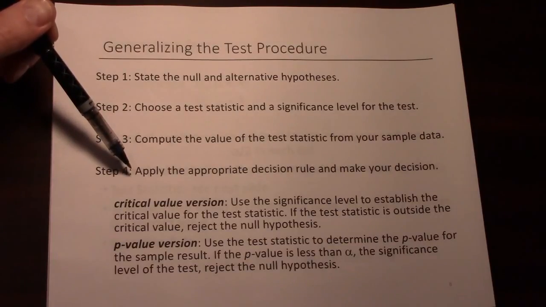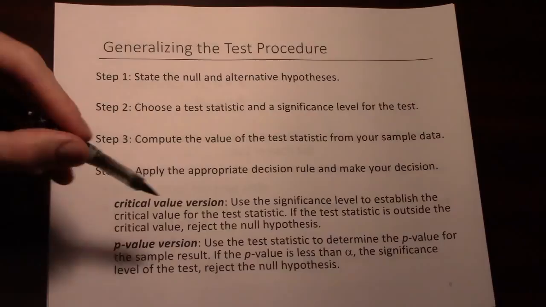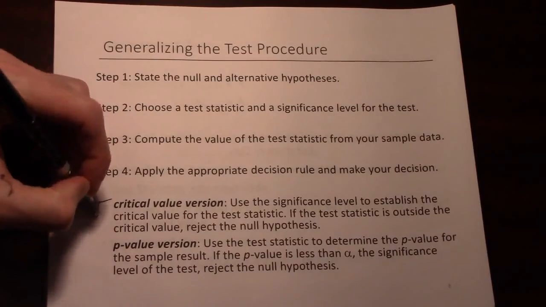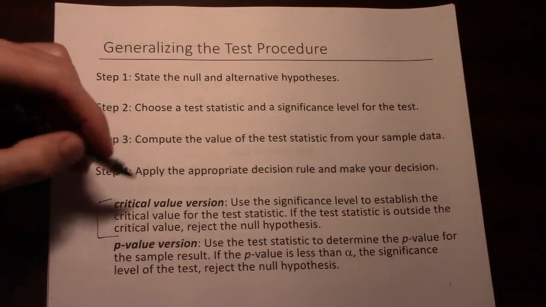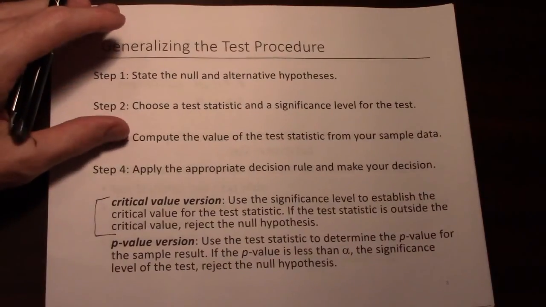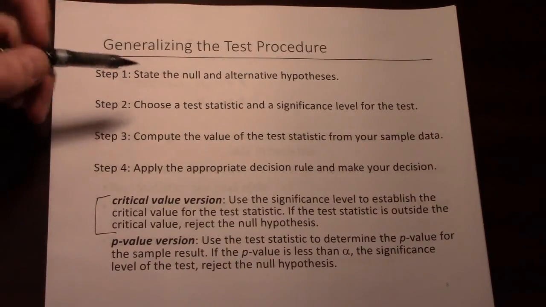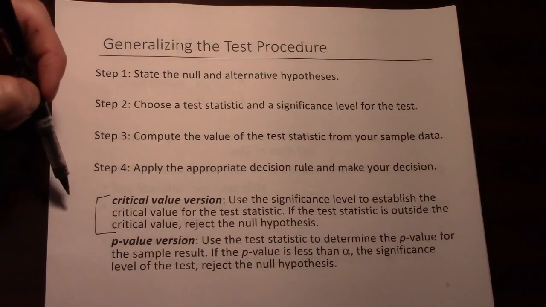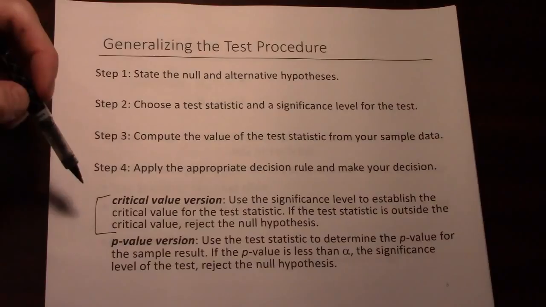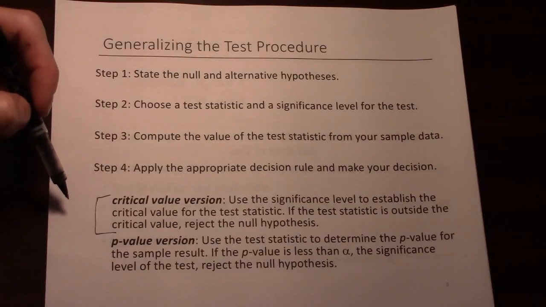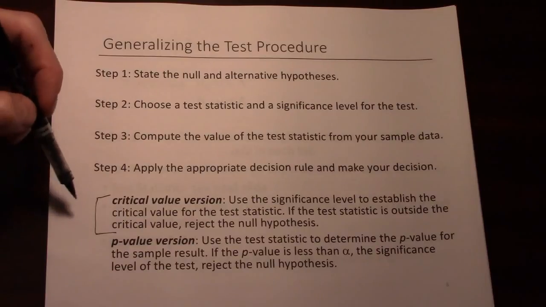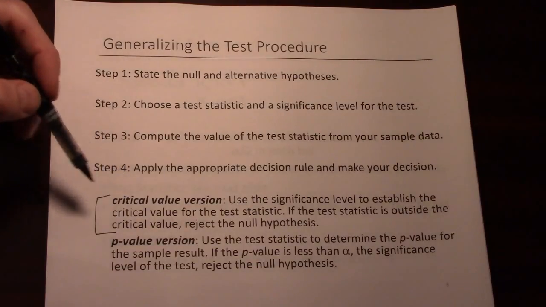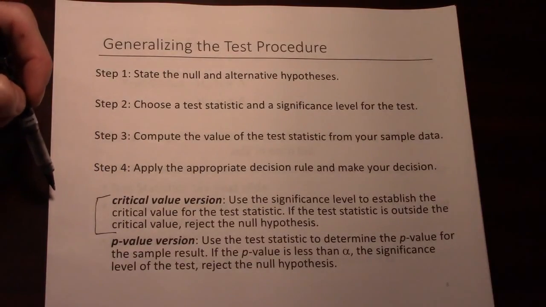And our decision rule can be made one of two ways. One way is the critical value version. In that case, depending on our significance level, we're going to find a z-value that represents the cutoff for our rejection region. So we're going to find the 5% of the data in the upper tail, 5% of the data in the lower tail.